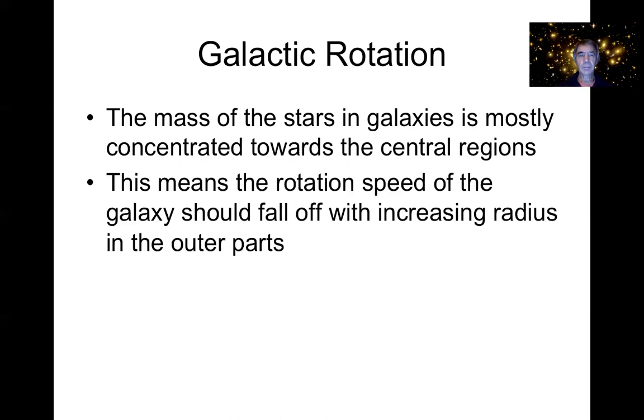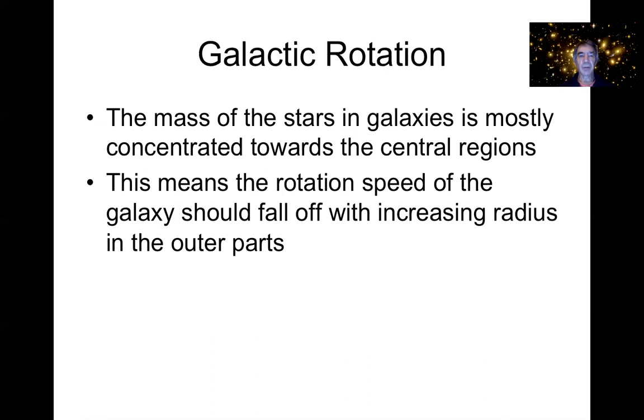Now, if that is the case, and we'll rehearse the mathematics in a moment, then we would expect the rotation speeds of the galaxies to start to fall off with increasing radius in the outer parts of the galaxy, because most of the mass that's constraining the galaxy and causing the stars to orbit in circular orbits should be inside of those radii in the outer parts.